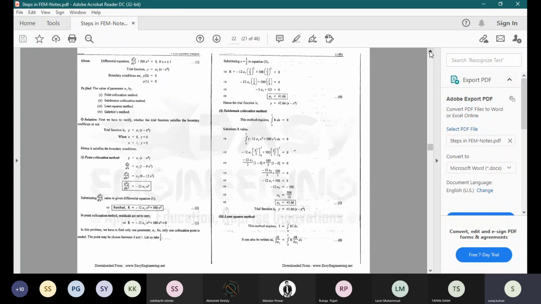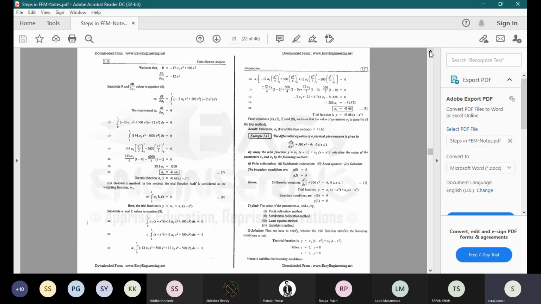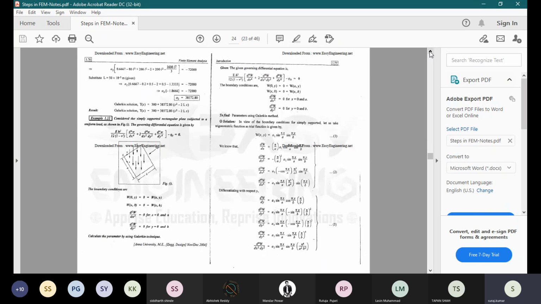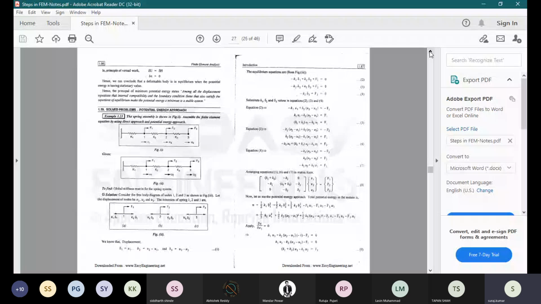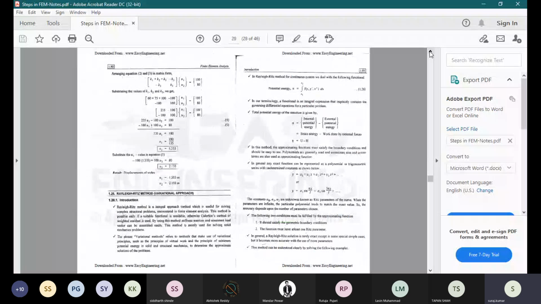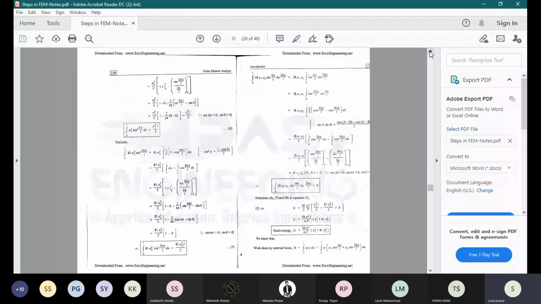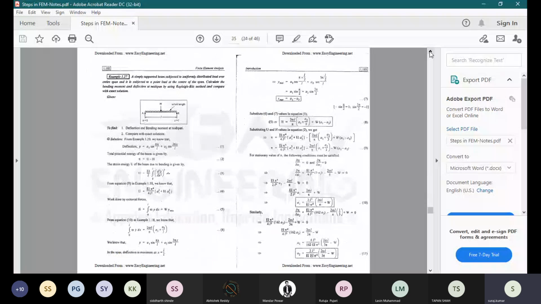Otherwise, not an issue, you can complete it in a very early manner. There are many questions here. We cannot solve all of them, but yes, we will definitely solve some questions, and then some more concepts are there. And we will close the chapter.